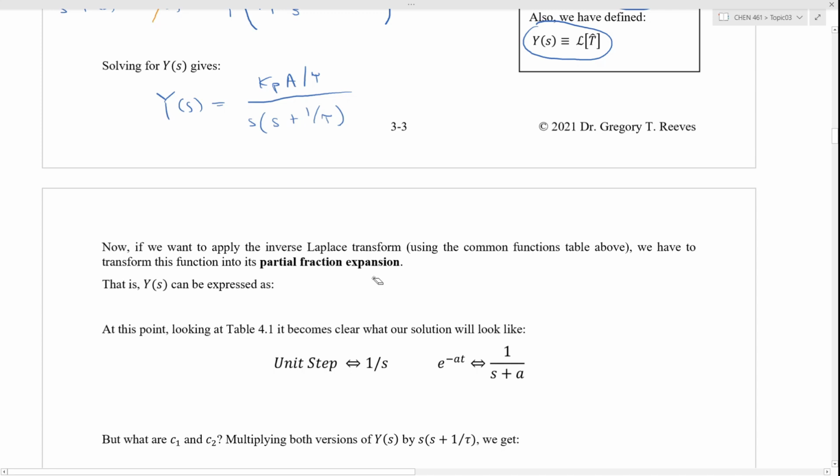Now you probably saw partial fraction expansion before when you took calculus 1 or 2, when you were trying to solve certain integrals.